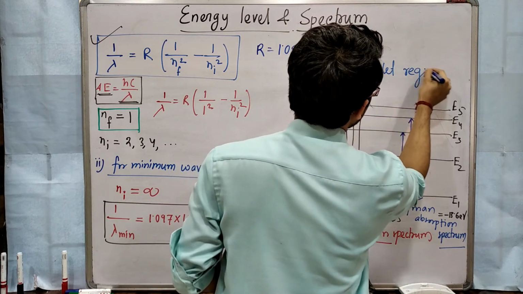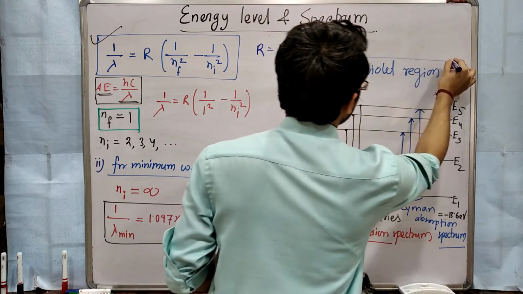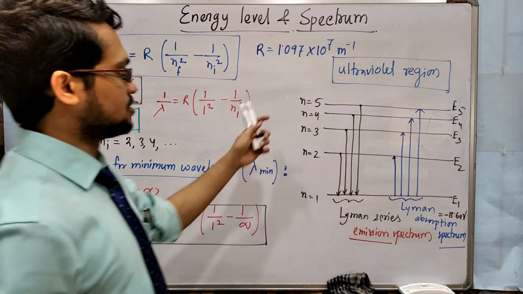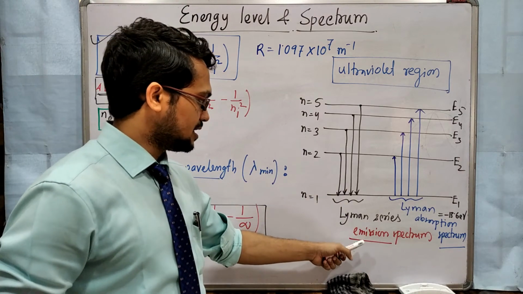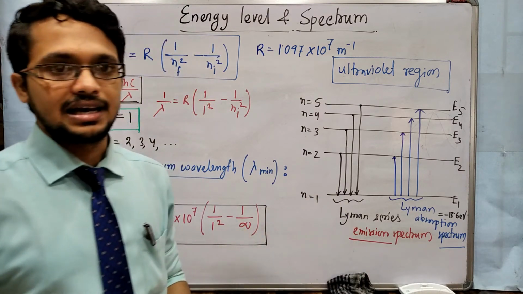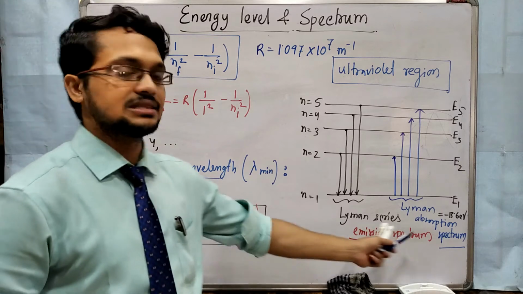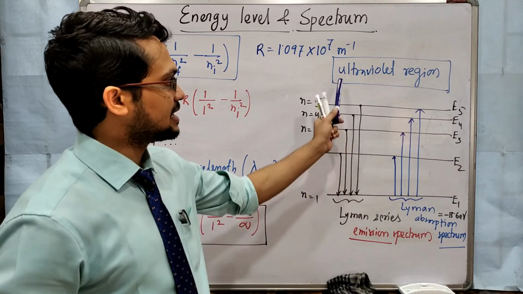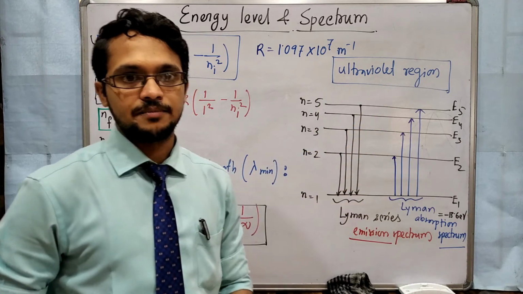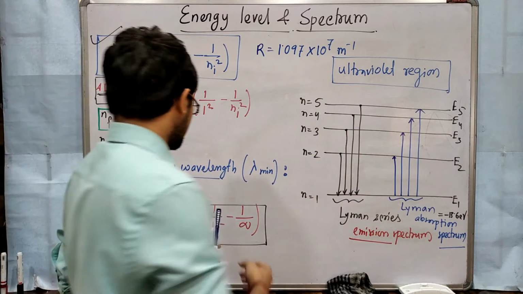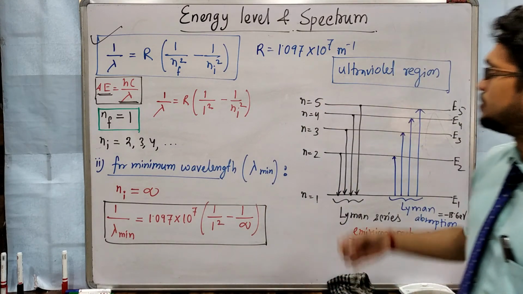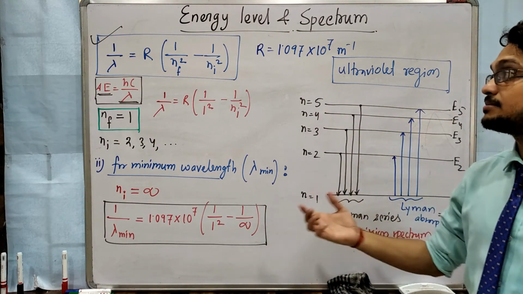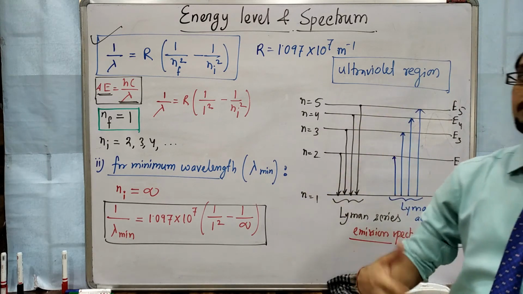Sometimes they ask directly, which series will lie in the ultraviolet region? Lyman series. Sometimes they don't mention Lyman series, they directly ask for ultraviolet, for example to find the minimum or maximum wavelength for the ultraviolet series in case of hydrogen atom.